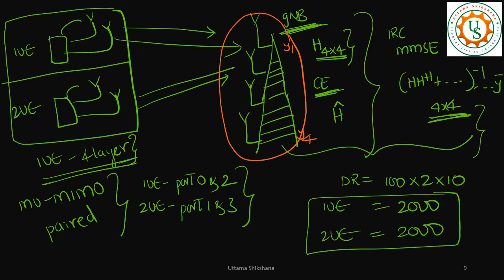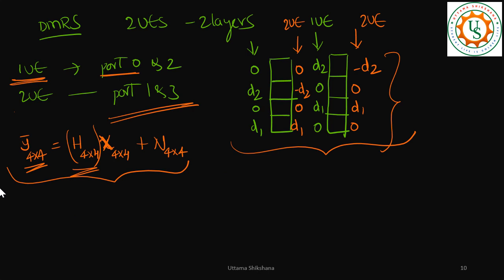We would first be checking the first subcarrier. In this case, I will say h11, h12, h13, let's say h14.